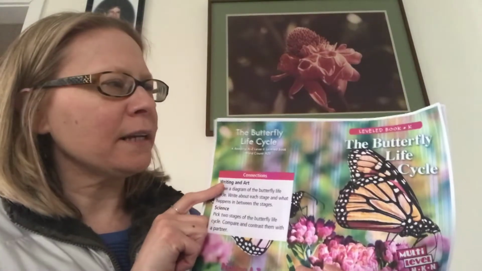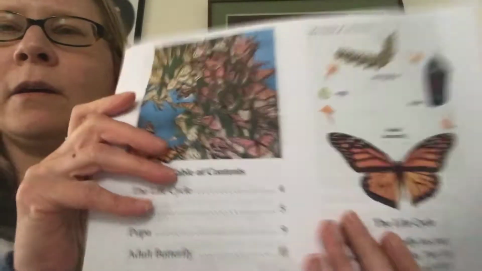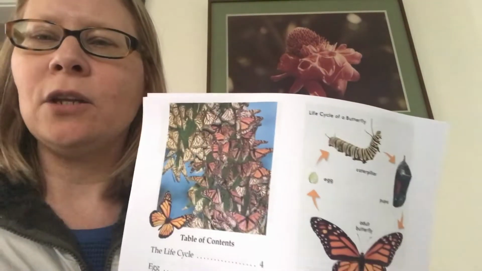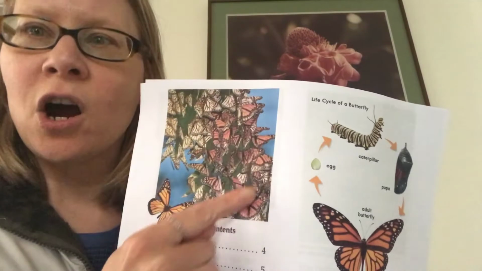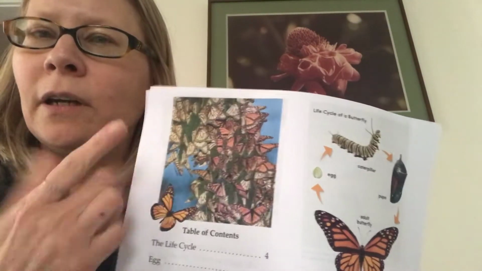Here comes our story. It's called The Butterfly Life Cycle, and it is by Taryn Anderson. Here we go. Let's look over here onto our first page. If you look at this picture, we can use the word are. There are lots of butterflies flying in the sky. Look at them all.